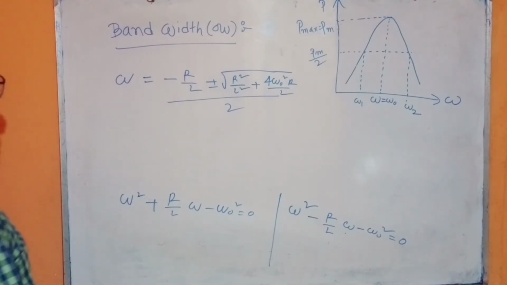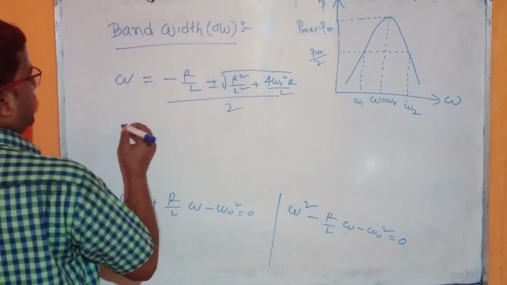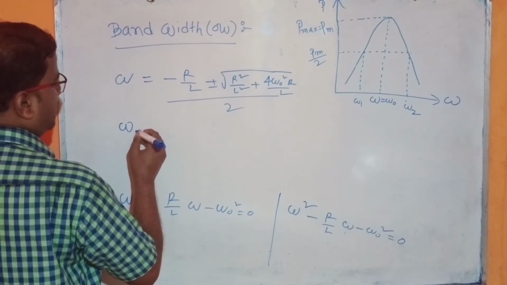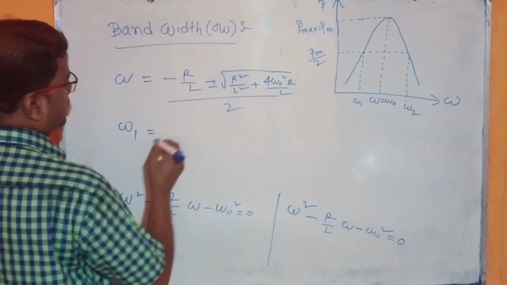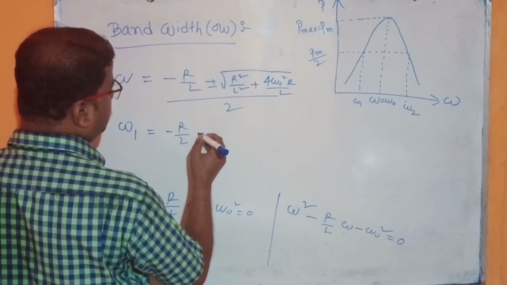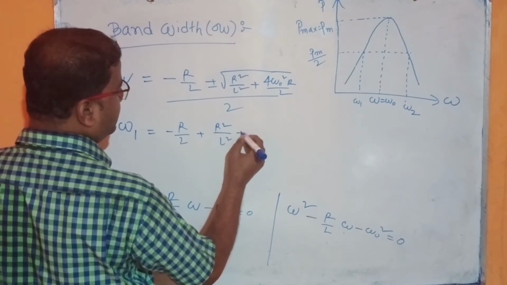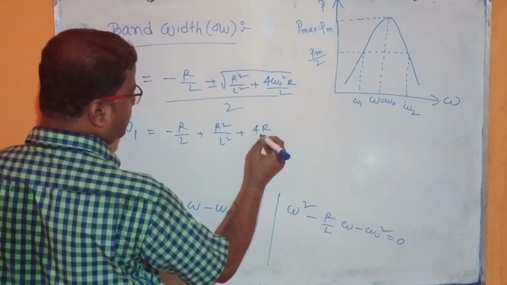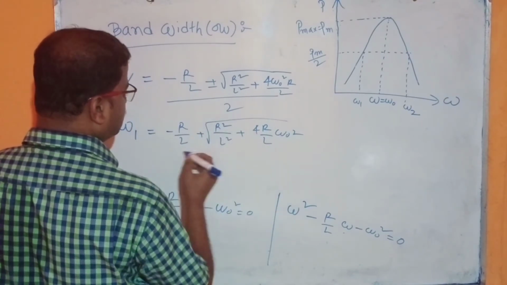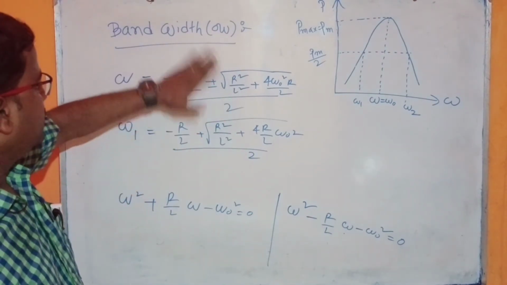From this we get the allowed root: omega 1 equal to minus R by L plus root over R square by L square plus 4 omega 0 square, by 2. The negative root is forbidden.